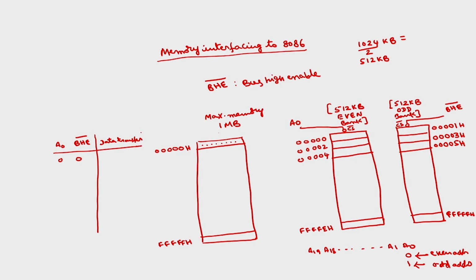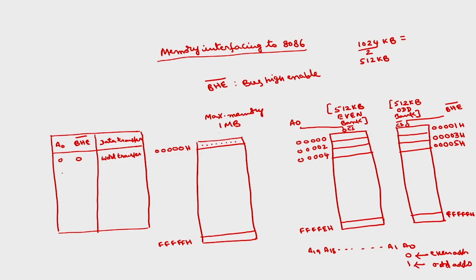Data transfer will be a word transfer. This can be either a read or write operation. Both the banks will be selected. This will give 8 bits, this will give 8 bits, a total of 16 bits, a word.